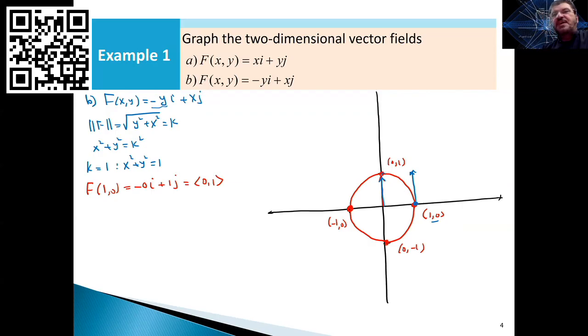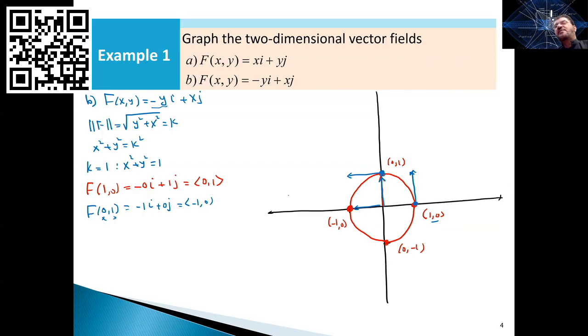Okay, let's see what happens at this point, guys. f of (0, 1). So this is x, by the way, and this is y. So this is minus 1i plus 0j, and this is (-1, 0). This is -1, so it's supposed to go this way, but I'm going to carry it and put it there.